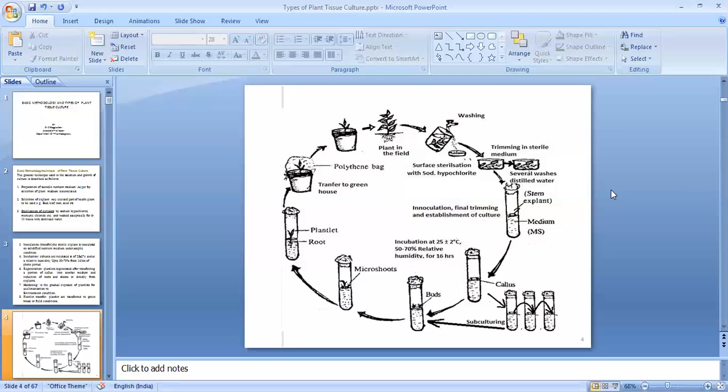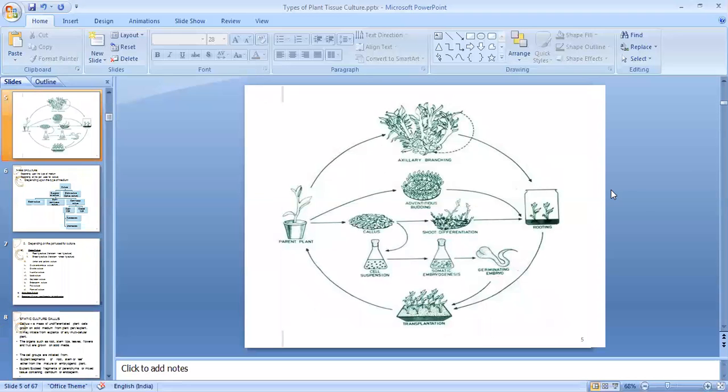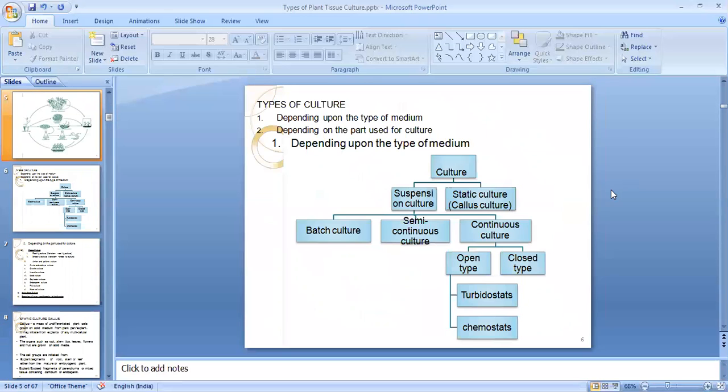Okay, so this is the methodology. It shows how the plant tissue culture is done, or from an isolated explant how the whole intact plant is developed. And again, this is also another representation.